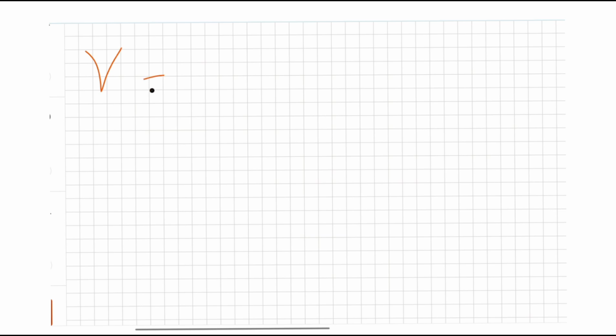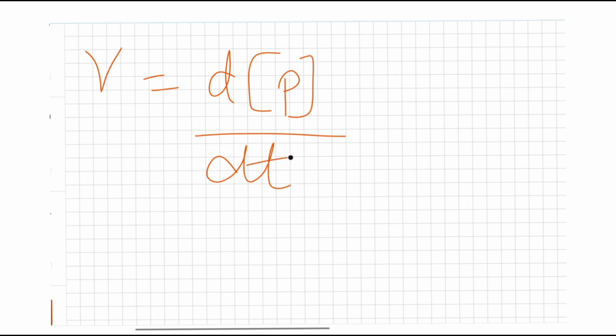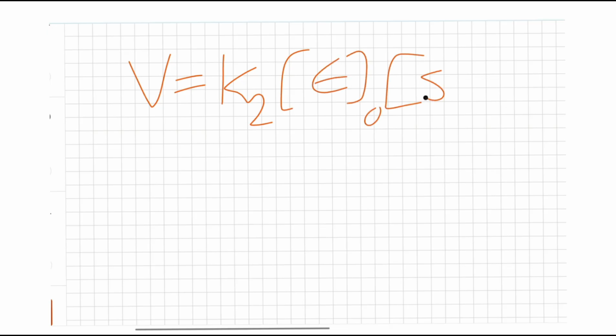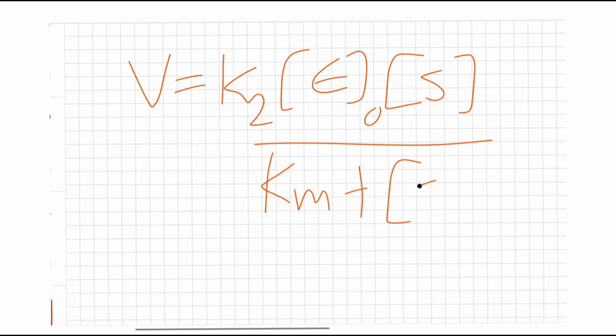V is equal to d[P]/dt, the derivative, which equals K2 times the enzyme-substrate complex. Then we substitute ES, so V is equal to K2 times E0 times S upon Km plus S.